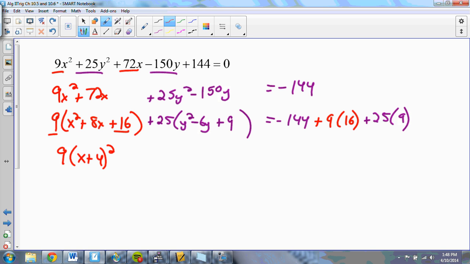The middle piece is going to give me this. And it's equal to this. I just did that and that and that, and I know it equals that.